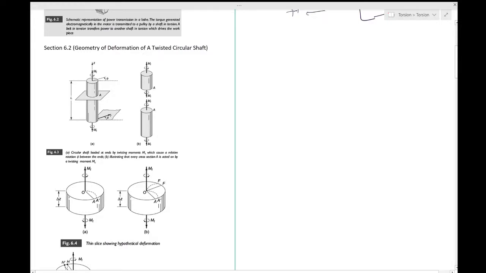It's at this end, and you have r, theta and z. The length of this shaft is capital L, and we'll see how we can study the deformation in this twisted circular shaft.